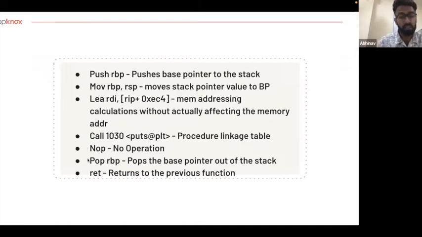The last three instructions that followed after the puts is a NOP. This is a no operation instruction, so it does not do any operation when it sees a NOP instruction. The register values remain the same, the flag values remain the same.